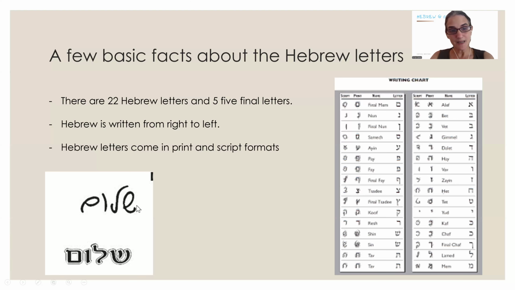You can see here in these 2 examples of the word shalom, the writing is a little bit more round and more suitable for writing, and the print letters are kind of square, and those are suitable for typing, printing, and so on. Again, a little bit difficult to get used to, but you will get used to it and you will learn it.